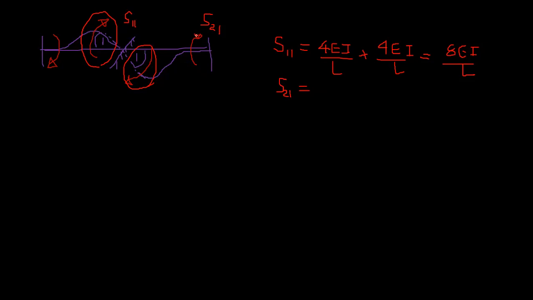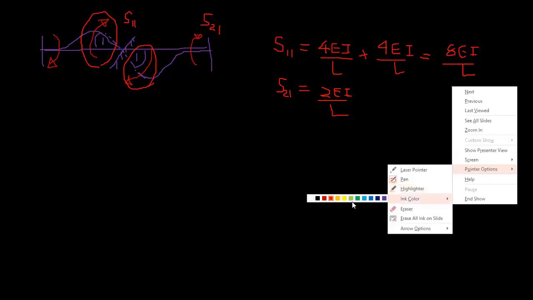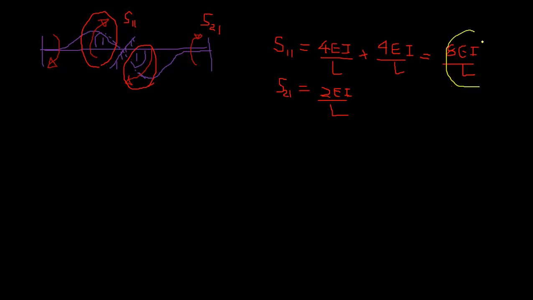You can check it from the appendix. It will be 2EI over L. It is in the clockwise, that's why positive. So these are for a unit rotation, right? You need to multiply them back by the original displacement theta b to consider the equilibrium.